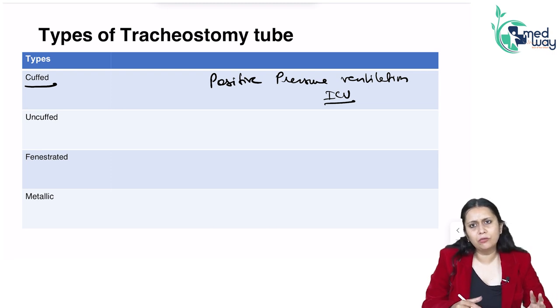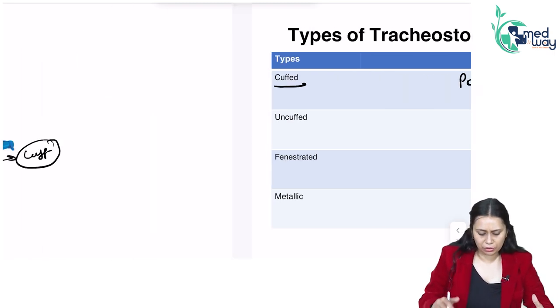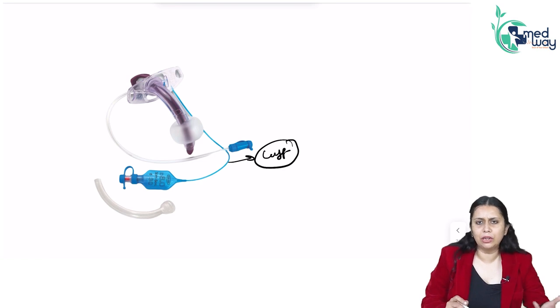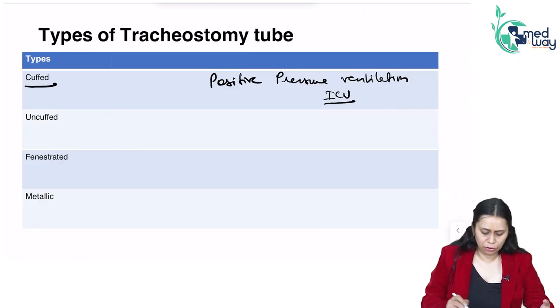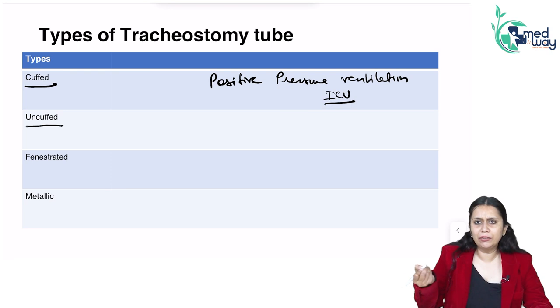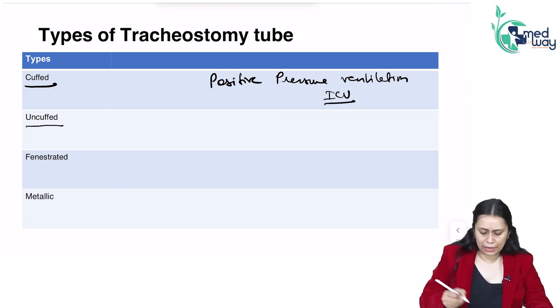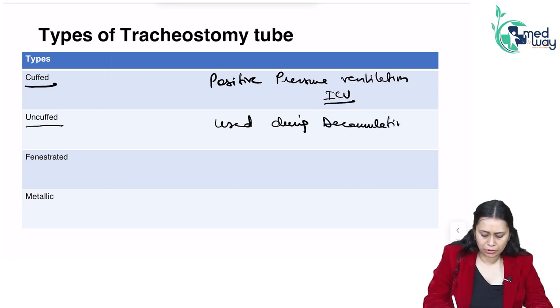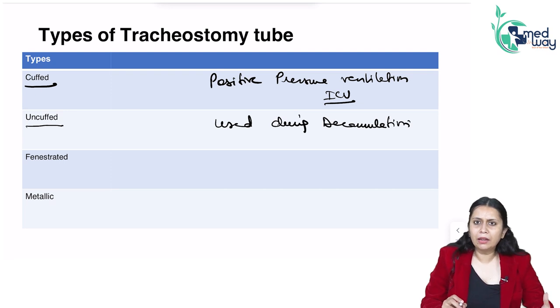When we have to go for long-term mechanical ventilation, we change the cuffed endotracheal tube to a cuffed tracheostomy tube. Then we have the cuffless, uncuffed tube. The uncuffed tube is used during weaning from the tracheostomy tube, or decannulation, when we are removing the tracheostomy tube from the patient. It is not used during mechanical ventilation. We need a proper seal by a cuff for mechanical ventilation, which is not there with an uncuffed tube.